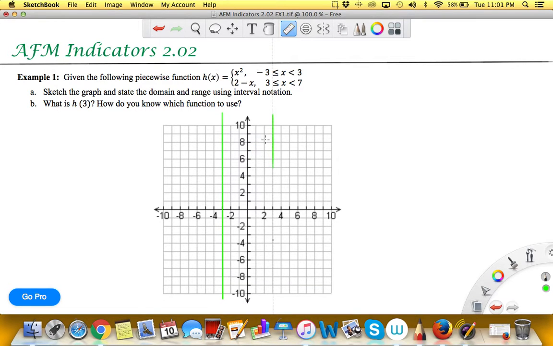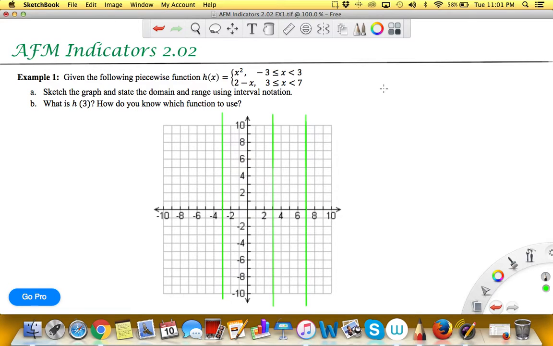I'm going to put a partition. And then from +3 to 7, I'm going to put another partition. Okay, so these partitions you'll see is where the piecewise function separates. So from -3 to +3, the graph is equal to x squared.